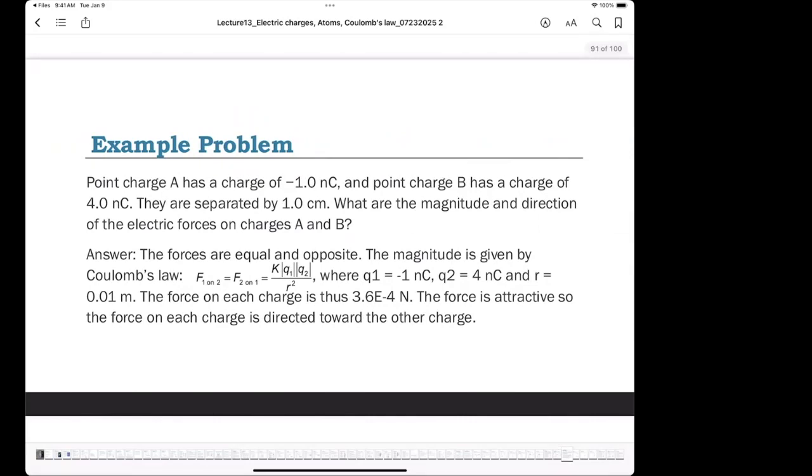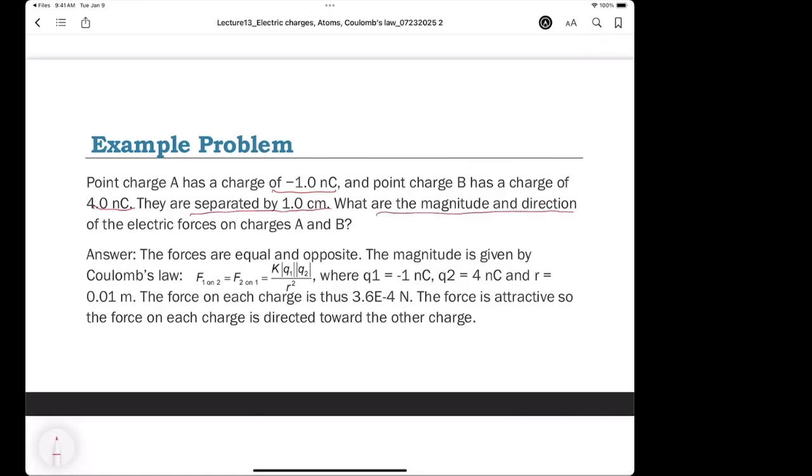Point charge A has a negative charge, and point charge B has a charge of this value. They are separated by 1 centimeter. What are the magnitude and the direction of the electric force on charges A and B? I think the answer will be easy.